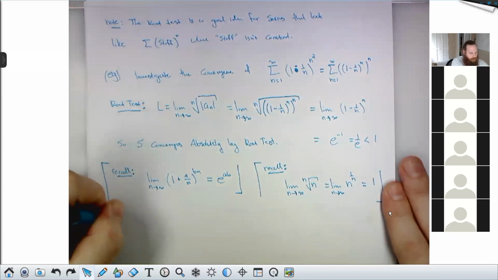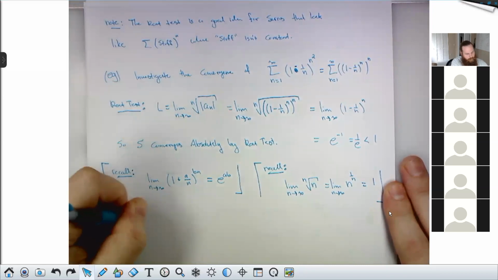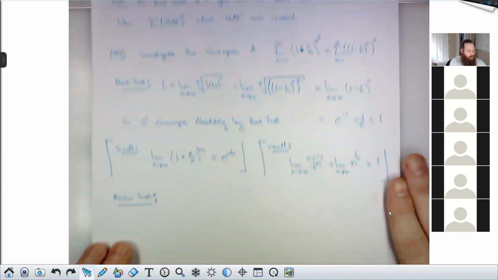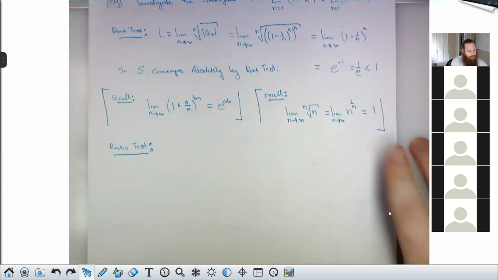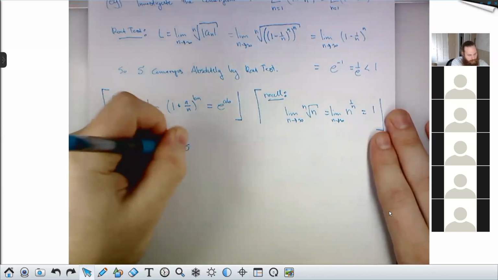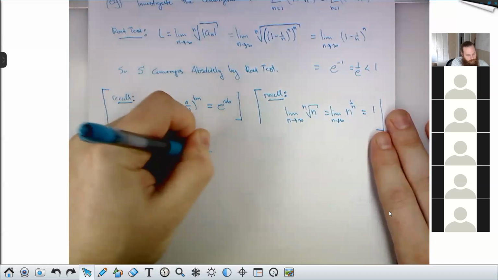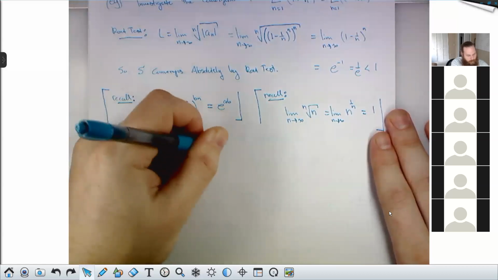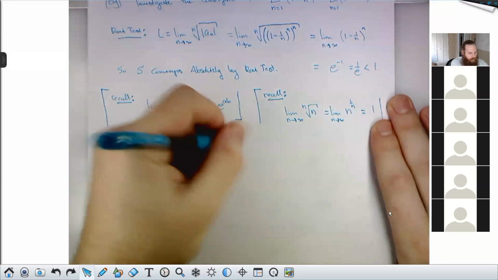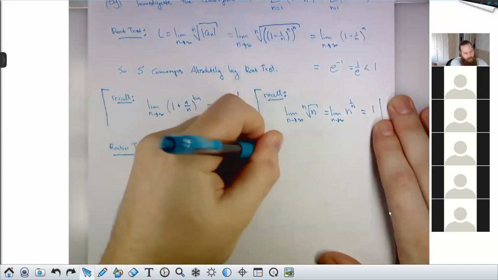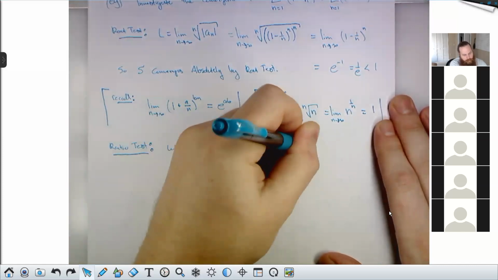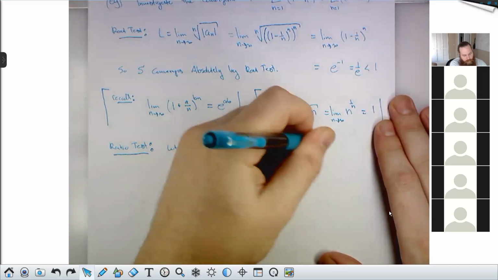So the next test we need to learn is the ratio test. And once we have the ratio test, your list of convergence tests for infinite series will be complete. The ratio test starts the same way as the root test, more or less. It says, let S be any old series, sigma an, could start at 0, could start at 1, could be positive terms only, could be positive and negative terms, doesn't matter, any series. And define L this time to be the limit as n goes to infinity of the absolute value of an plus 1 over an.